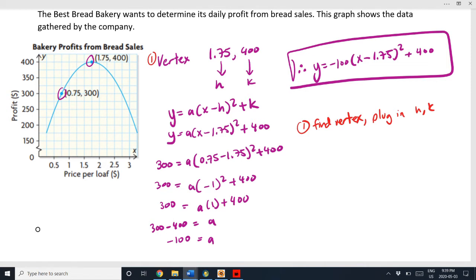Number 2, we found a good point on our graph. So we did that over here. And plug in for x and y.